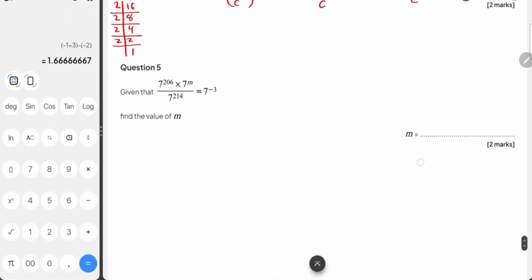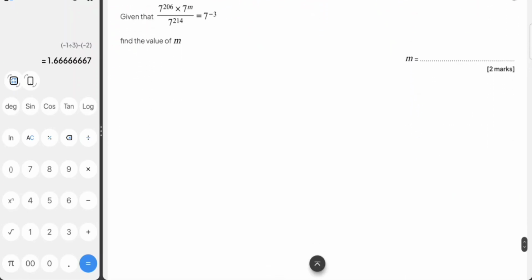Clear? See the fifth question. 7 raised to 206 into 7 raised to m upon 7 raised to 214 is equal to 7 raised to minus 3, and we are supposed to find the value of m. Both the sides have the same base, so we don't need to do the prime factorization to make the bases same.